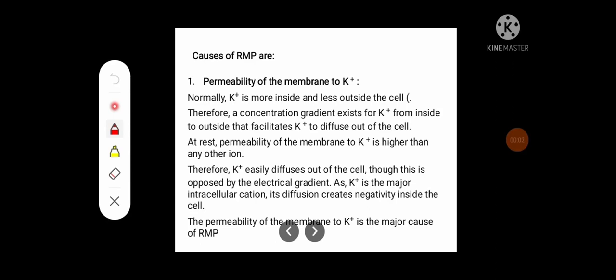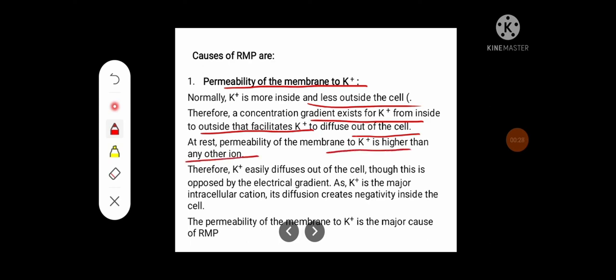Coming to causes of resting membrane potential, first one is the permeability of membrane to potassium. Normally potassium is more inside and less outside the cell. Therefore, a concentration gradient exists for potassium from inside to outside that facilitates potassium to diffuse out of the cell. At rest, permeability of the membrane to potassium is higher than any other ion.